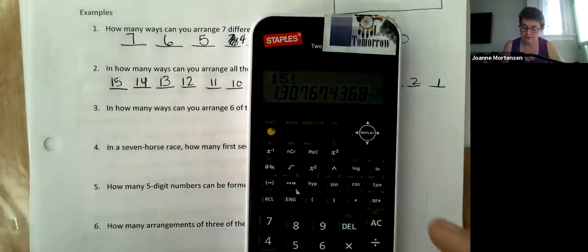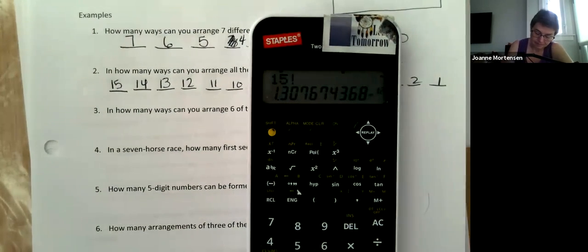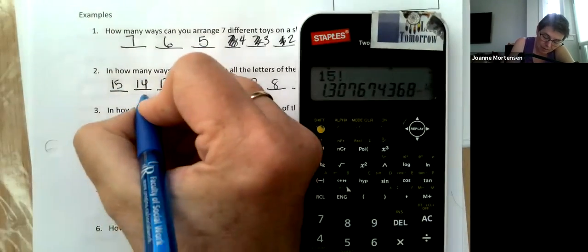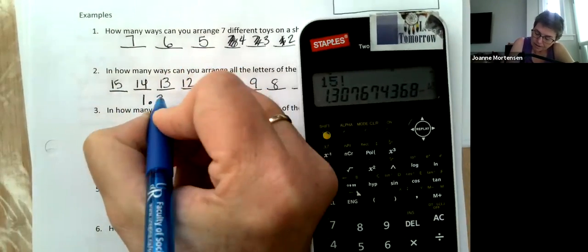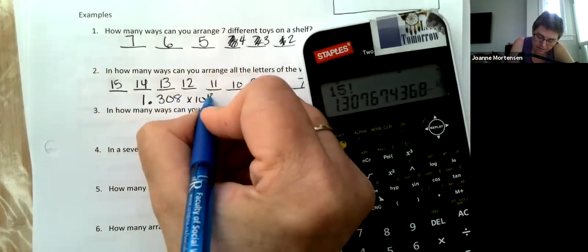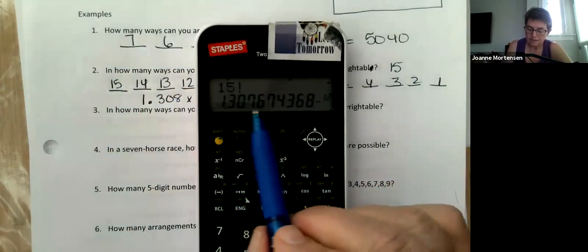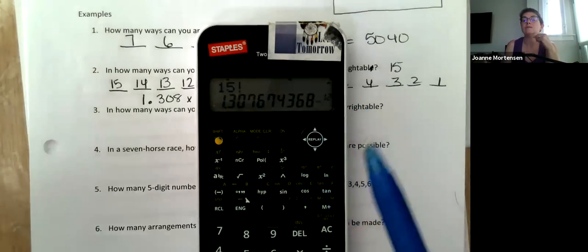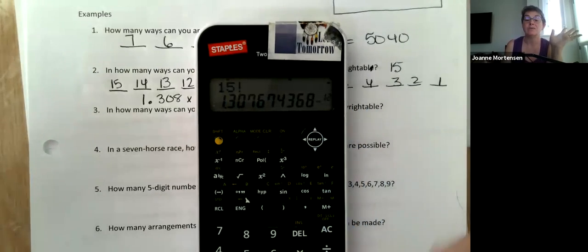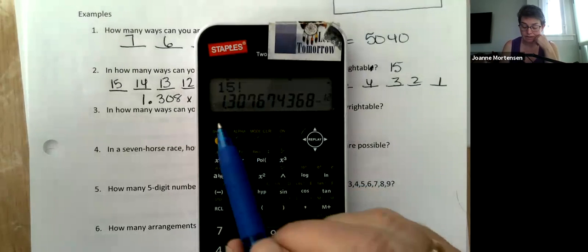Look at that. Not surprisingly, it's a really big number: 1.308 times 10 to the 12th. In the first or second lesson I said every once in a while your calculator is not going to be big enough to display it, and that's the only time you're going to get a decimal number.